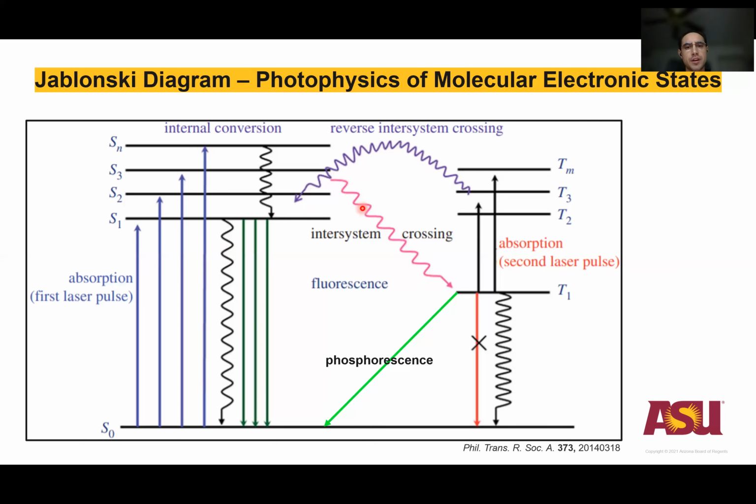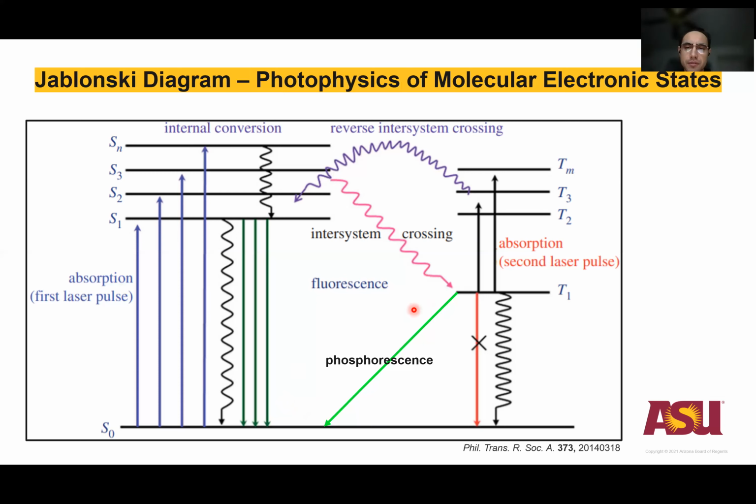This is where we're losing the spin coupling of our electrons. And from the triplet excited state, you can decay back down to the singlet ground state, again through internal conversion, or through a spin forbidden process. You could also spin flip back down to the singlet ground state radiatively through a process called phosphorescence.